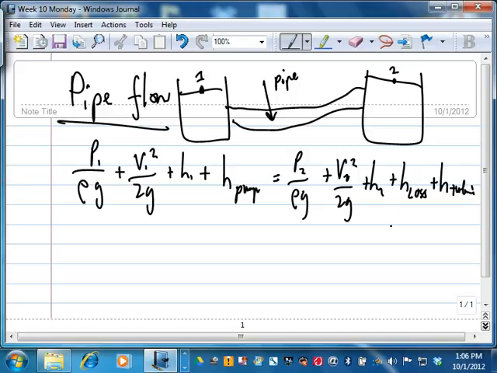And you want to convert this head to power. Power is equal to m dot g h. Again, that could be pump, turbine, or loss, depending on which one you want to look at.